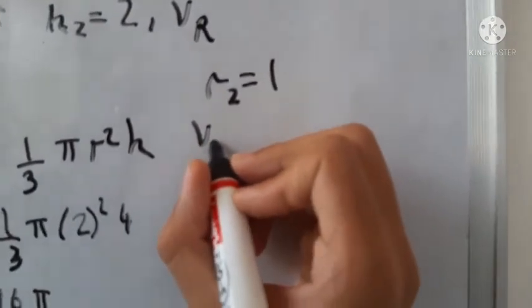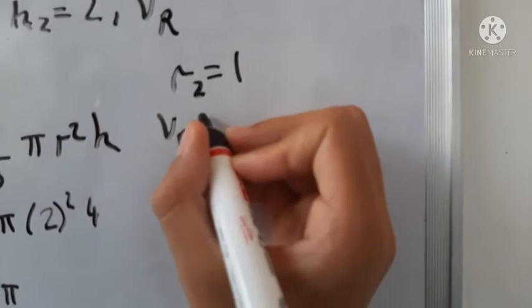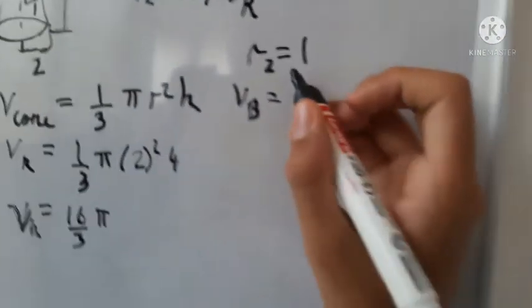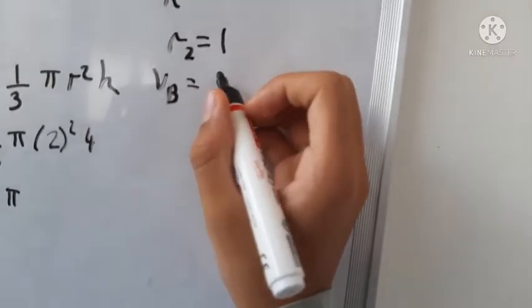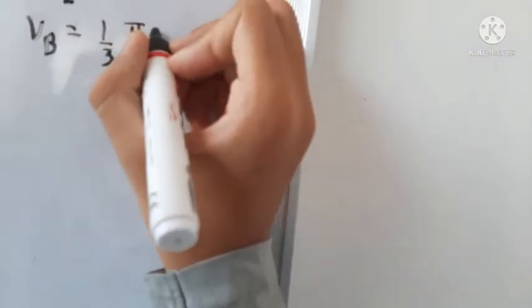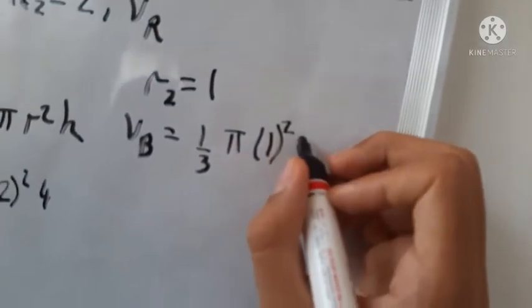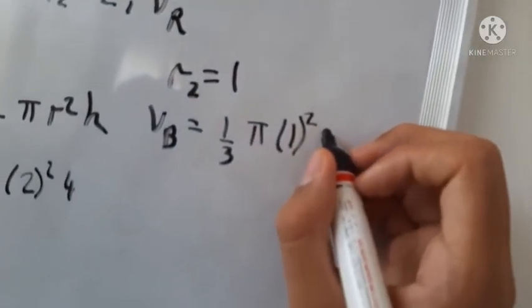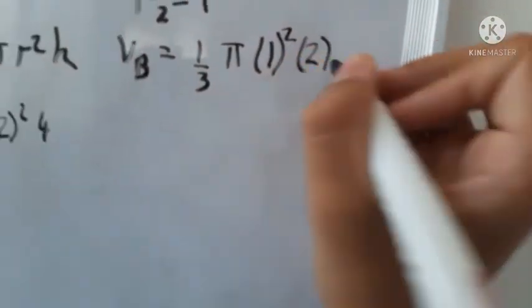So V of B is a third pi, r is 1 squared, and h is 2.